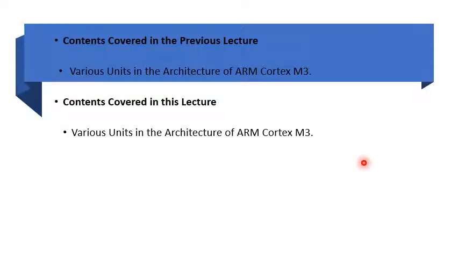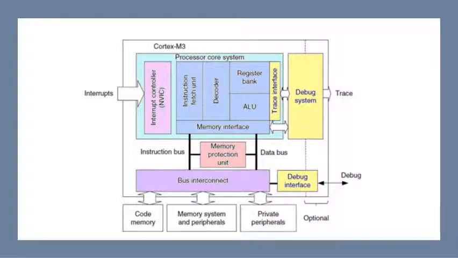In the previous lecture, we have discussed various units in the architecture of the ARM Cortex M3, and we shall continue the same now. So, already we have gone through this simplified view of ARM Cortex M3.